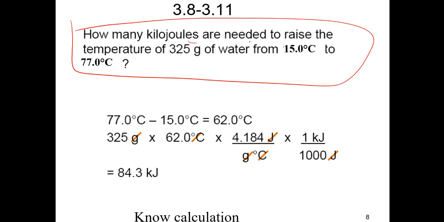How many kilojoules, that's energy, are needed to raise the temperature of 325 grams of water from 15 degrees Celsius to 77 degrees Celsius? Okay. So, first thing we need to do is do the temperature final minus initial, and that's 62.0 degrees Celsius.